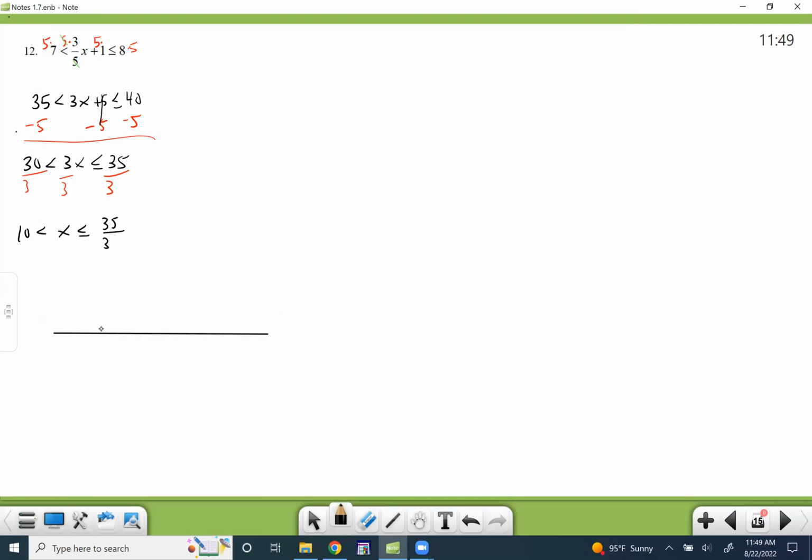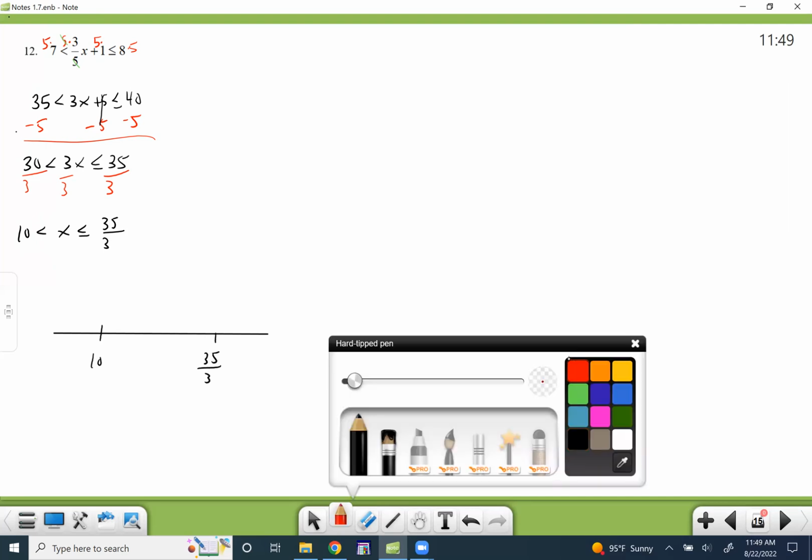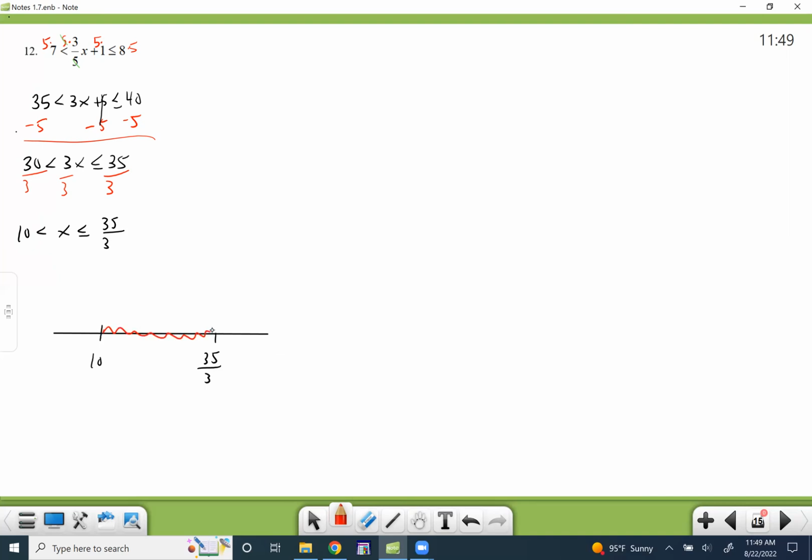Now it's going to be the numbers between. So we know we need to shade this way. All right, it looks like there's going to be a parentheses for the 10 and a square bracket. Okay. All right, so set builder and interval.